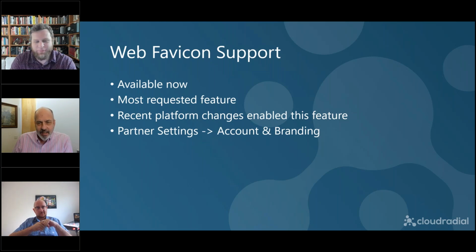If you haven't already seen it, it's pretty easy to set up. It's going to require a few different icon settings, but then that will work in the web browser, and when they go to install the app on the desktop. So it's full favicon support down to the smallest detail.